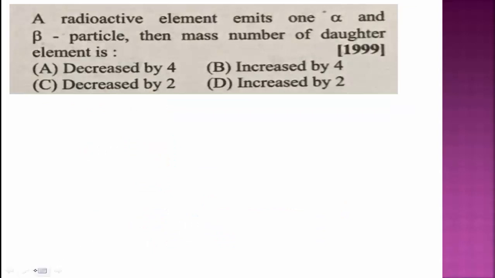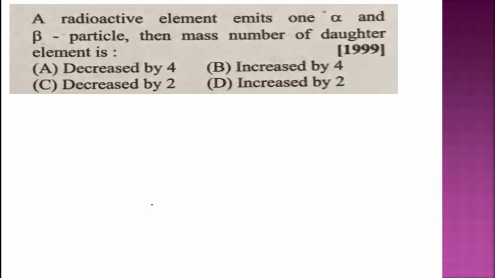And the next problem is a radioactive element emits one alpha particle and one beta particle. Then the mass number of the daughter element is. When alpha particle is emitted from the radioactive element, the atomic number reduces by 2 and atomic mass is reduced by 4.